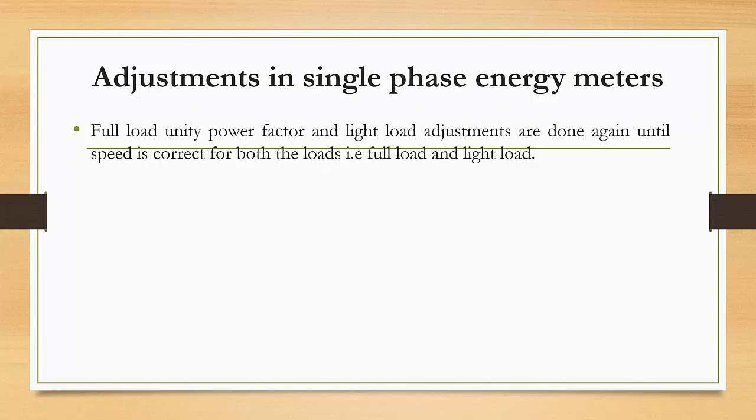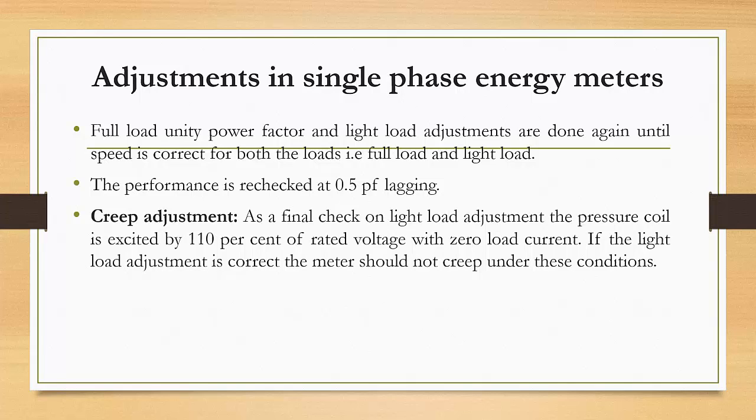So connect the pressure coil to supply voltage, current coil to the current, and first check it for unity power factor, then check it for lagging power factor and check whether the speed is maintained correctly. And next we do it for 0.5 power factor lagging, and then we do the corrections.